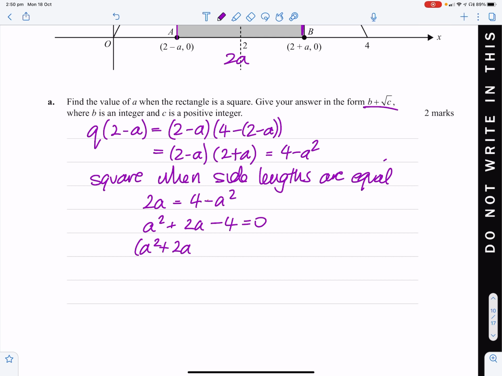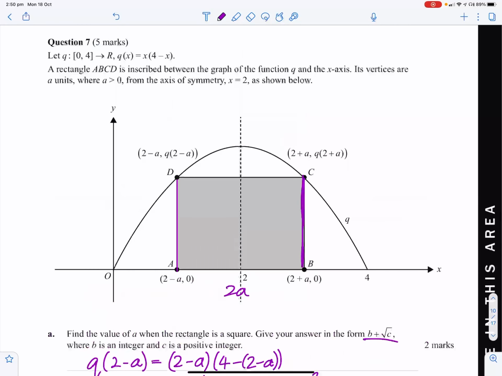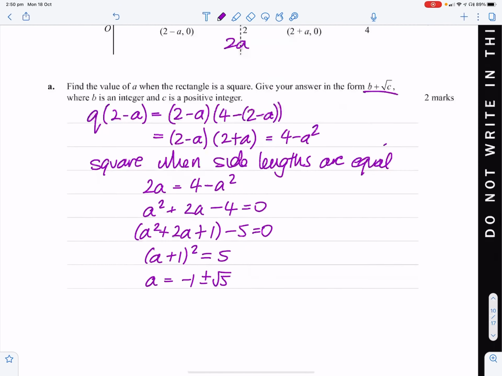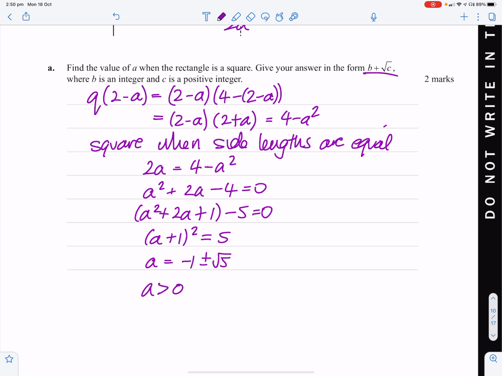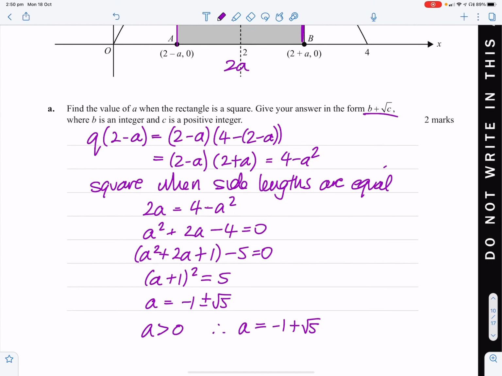So A squared plus 2A, halve it and square it, we get plus 1 minus 5 is 0. A plus 1 squared is equal to 5. A is negative 1 plus or minus root 5. A is greater than 0. So the only one that's going to be positive is A is negative 1 plus root 5.